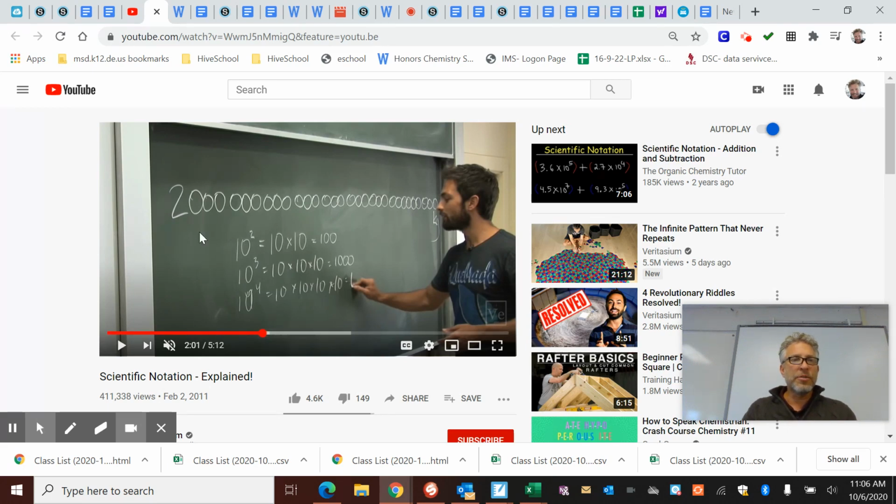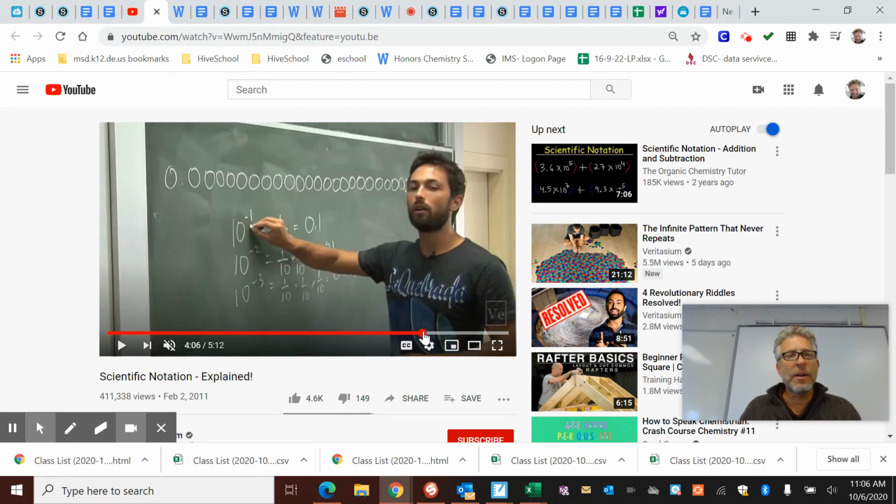So if there's a 2 with 37 zeros, then we write that as 2 times 10 to the 37th power, which we can also write as 2e37. And likewise, if we have a really small number, which is the mass of a proton, we can write that in scientific notation. It's much easier to keep track of.